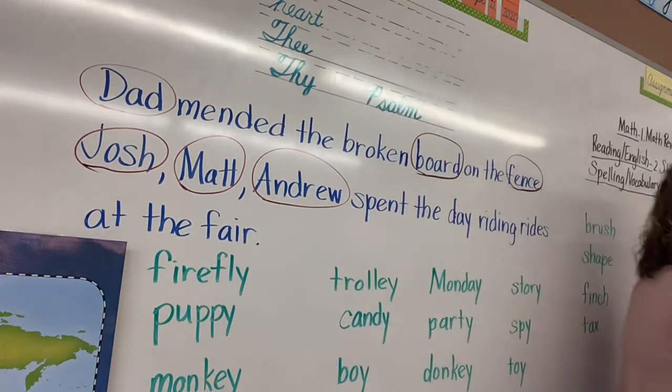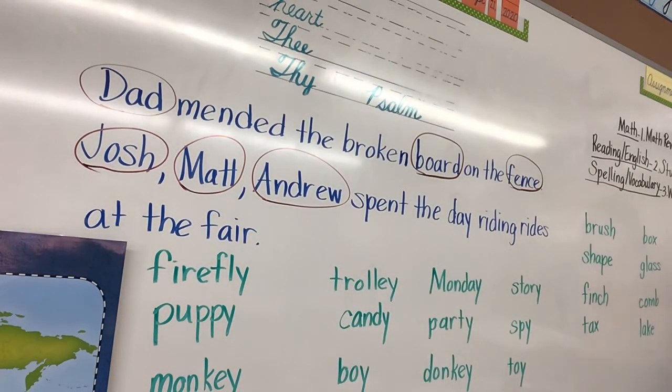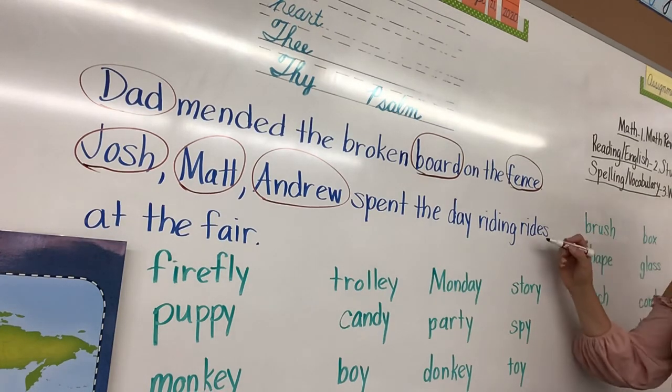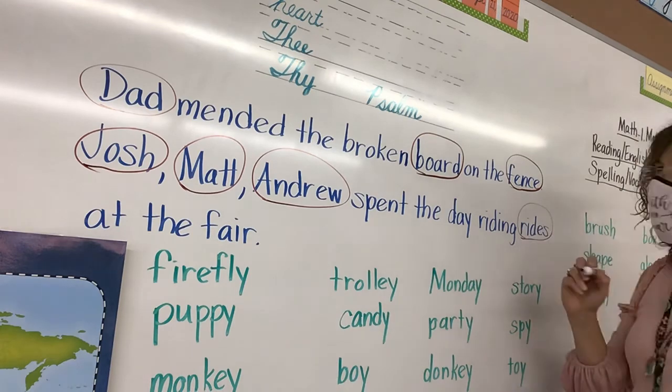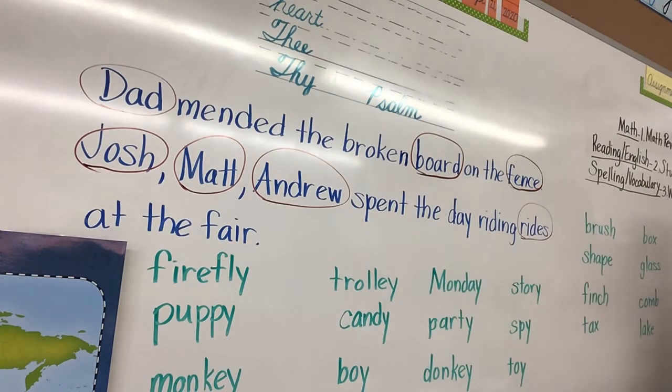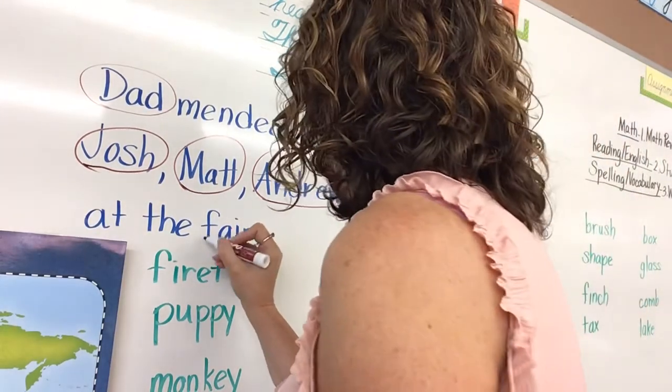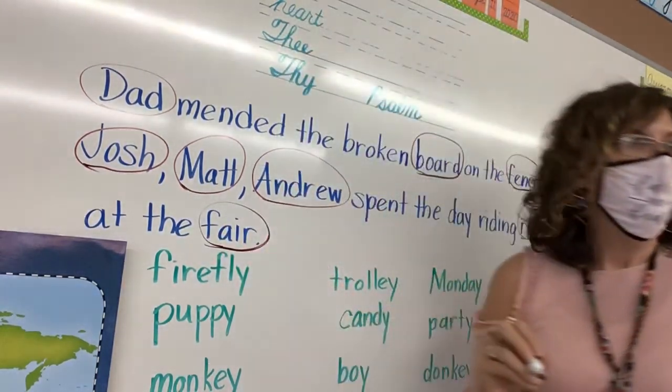Josh, Matt, and Andrew spent the day riding rides at the fair. Rides. Rides is a thing. Rides at the fair. The word fair. Fair is a place. Right? There's one more.